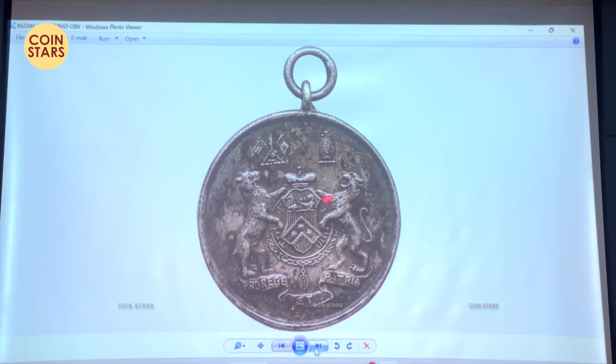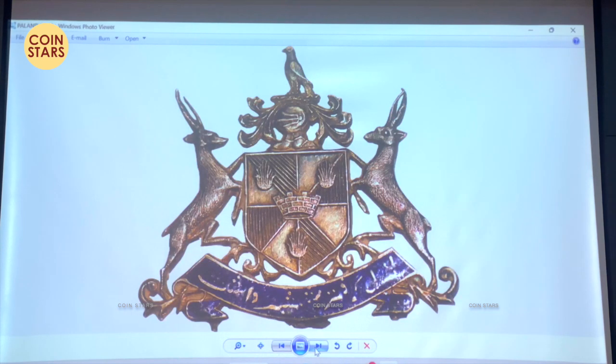Holding the lion and the tiger and the shield. Next. What is the reverse of death? This is Palanpur in Gujarat.